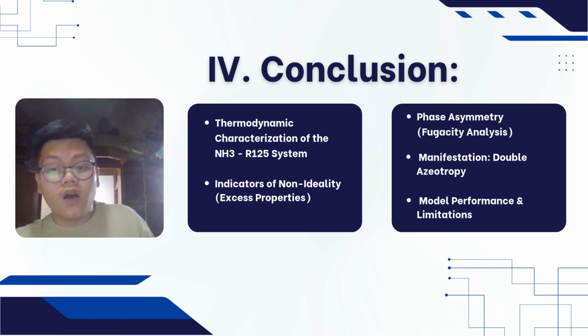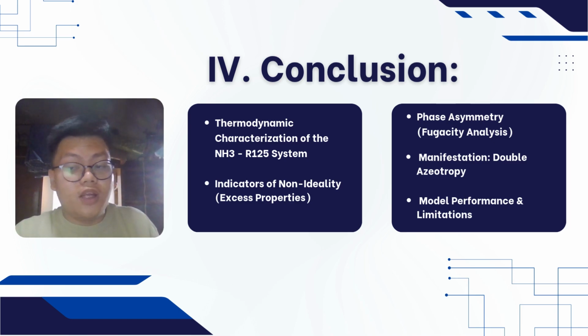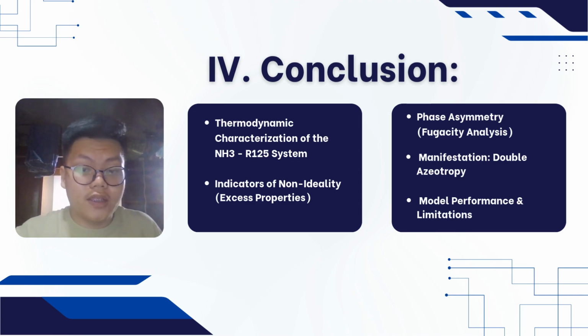So finally, let's talk about the model itself. To capture this double azeotropy, we had to use the Peng-Robinson equation of state with Wong-Sandler mixing rules. While our data reduction process resulted in an excellent statistical fit with an AADP of 0.77 PSIA and an AADY of 0.0076, we have to be clear that this success is primarily achieved by curve fitting.